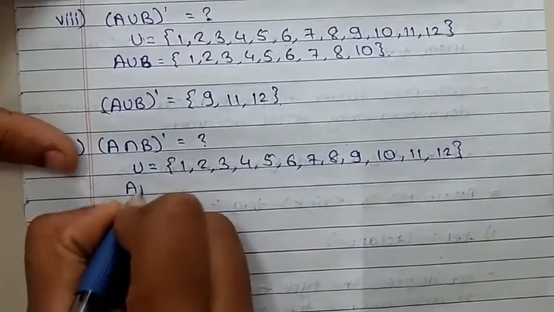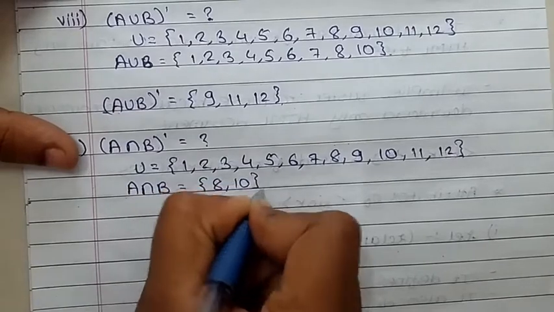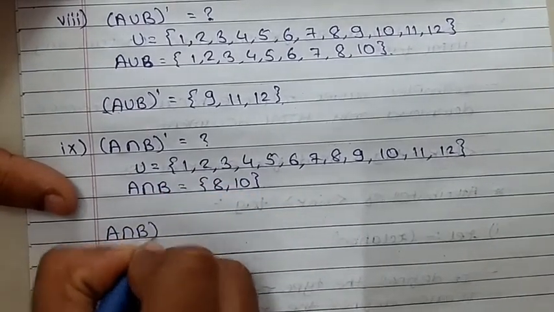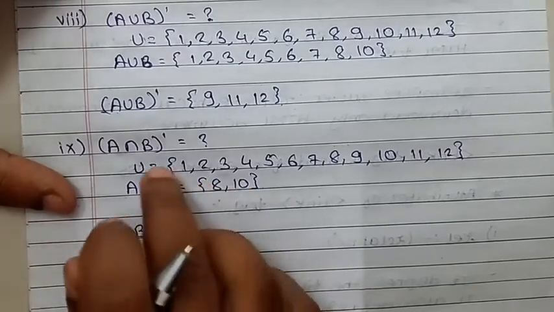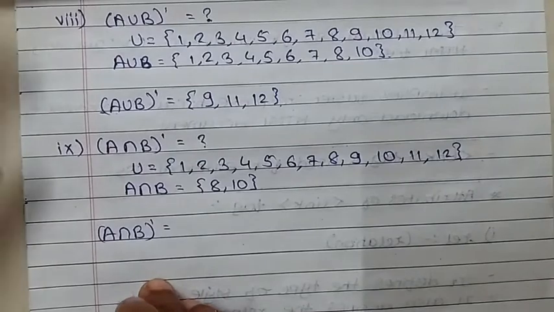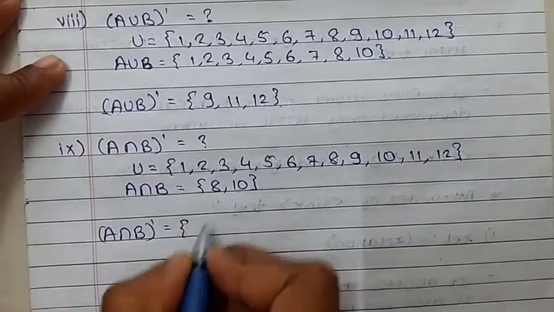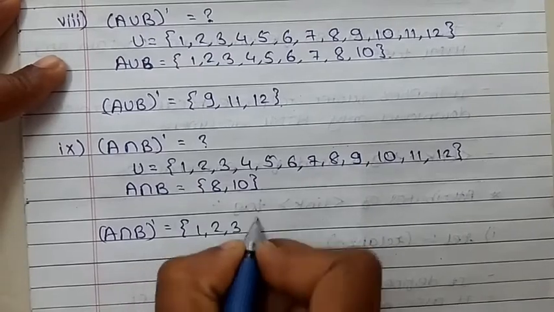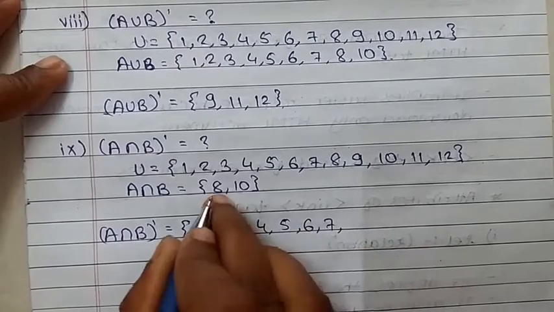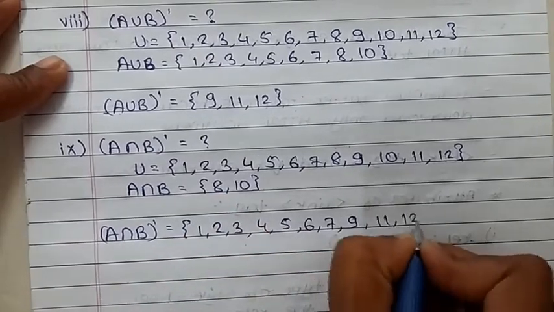A intersection B is 8 and 10. So you calculate the complement of A intersection B. Compare these two sets and write down those elements that are not present in A intersection B. So write down those elements in this set. 1, 2, 3, 4, 5, 6, 7. 8 is present, 9 is not present, 10 is present, then 11 and 12.